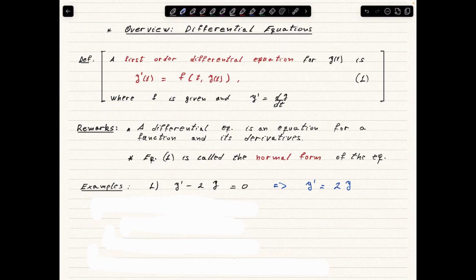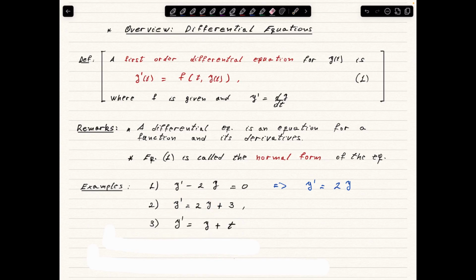Another differential equation is, for example, this one, where we have the 2y we had before, and now we add a constant, plus 3, for example. This is a different differential equation from the previous one. But you see, a differential equation is an equation that contains the function and the derivative.